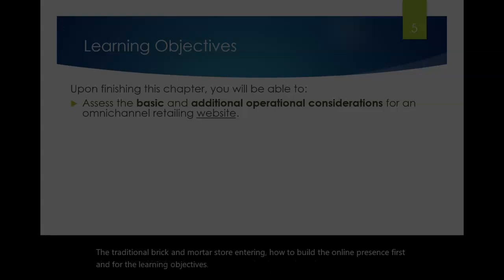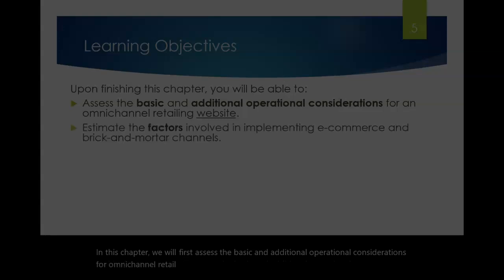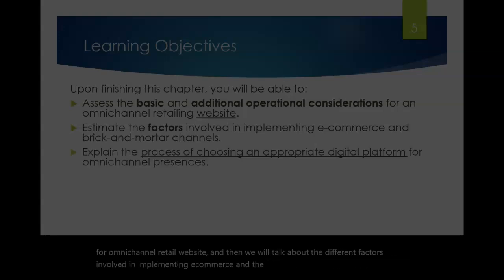For the learning objectives in this chapter, we will first assess the basic and additional operational considerations for an omnichannel retail website. And then we will talk about the different factors involved in implementing e-commerce and brick and mortar channels.